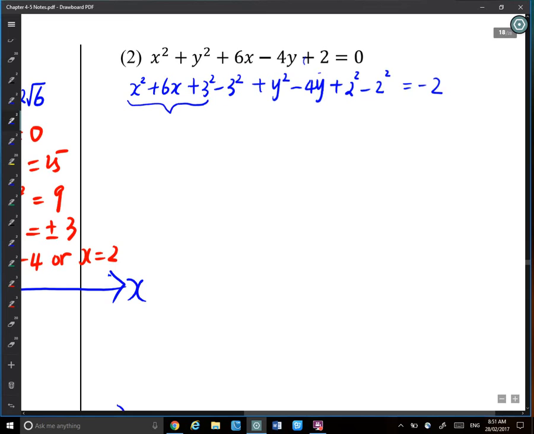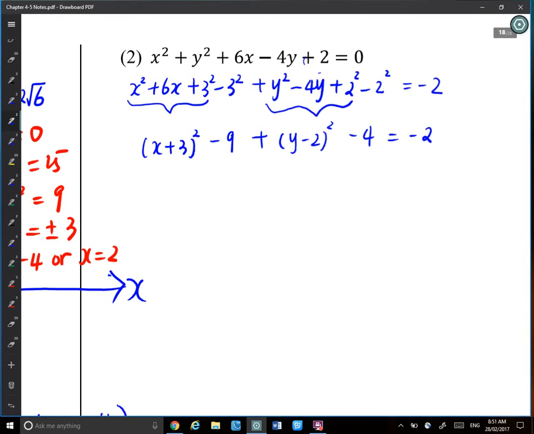For this 3, we can complete the square, and for this 3, we can complete the square. So for this we have x plus 3 squared, and minus 9, plus y minus 2 squared, and minus 4 here, equals minus 2. So move the constant to the other side.